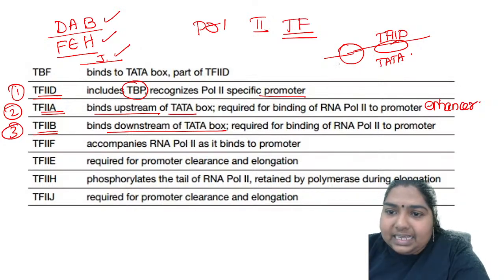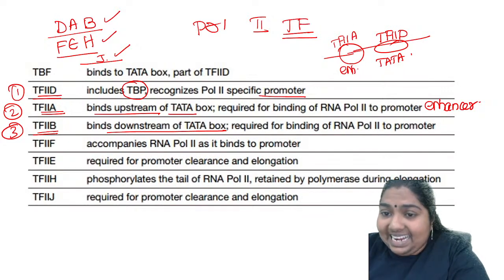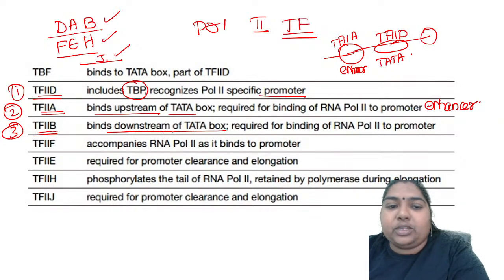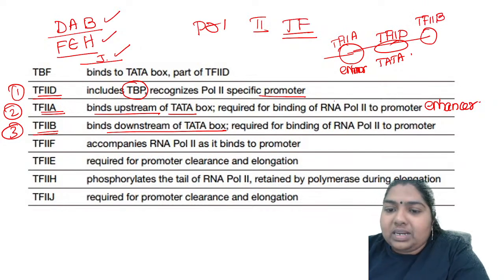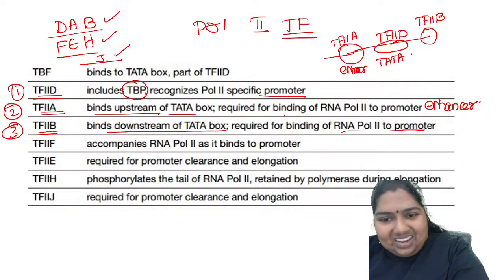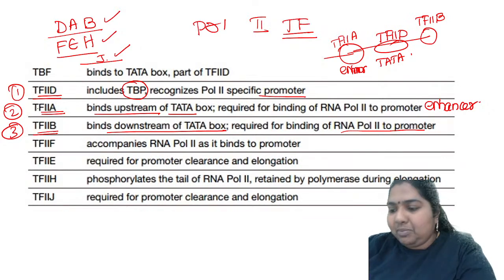It is going to be TF2A. It is upstream; that is why you call it an enhancer. A few factors bind downstream to the TATA box. That is TF2B. This only makes your RNA polymerase come closer to your promoter. The next one, DAB, is done.